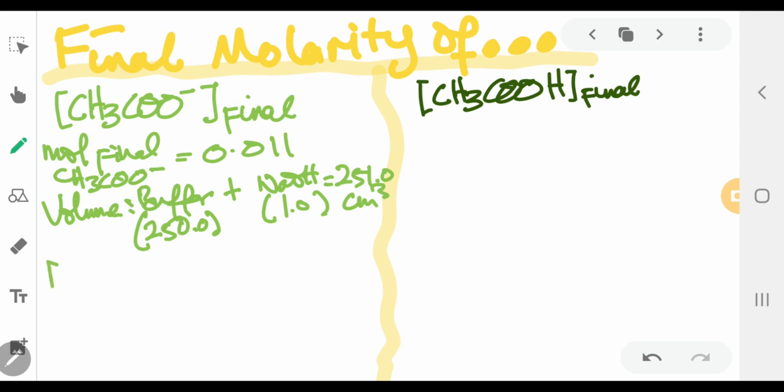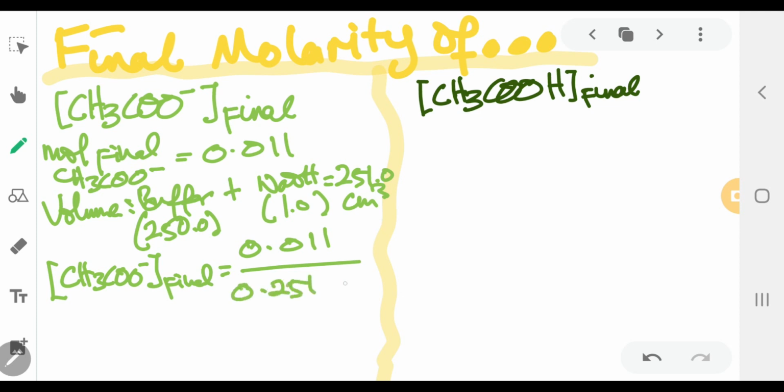So the concentration of CH3COO minus final will be 0.011 over 0.251 decimeter cubic, and the molarity of that will be 0.044 mole per decimeter cubic.